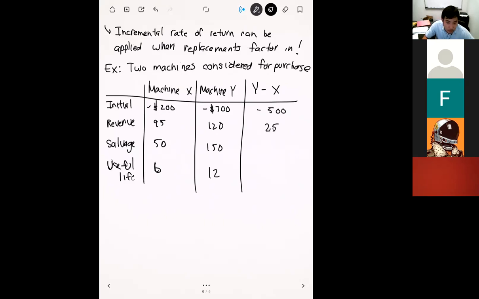The difference in the revenue is 25 bucks. The difference in the salvage value is 100. And for the useful life, we just need to input the least common multiple, which between these two is going to be 12 years.